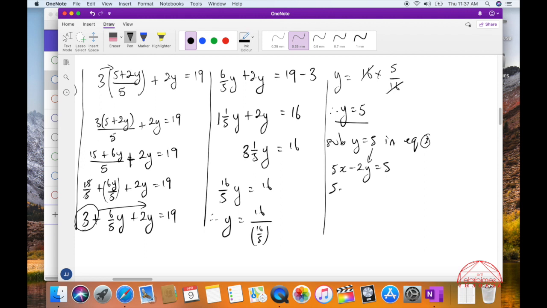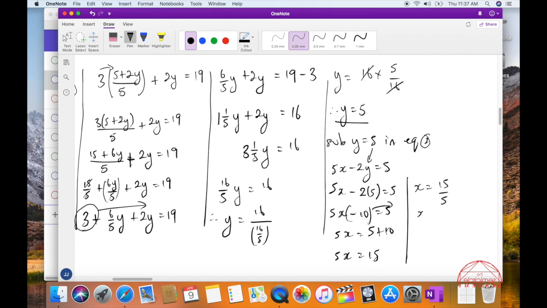So therefore 5x minus 2 into 5 is equal to 5. 5x minus 5 2s are 10 is equal to 5. 5x is equal to, let's just take this 10 and throw it across, 5 plus 10. 5x is equal to 15. Therefore, x is equal to 15 divided by 5. x is equal to 3. And so we have the solution being when x is 3, y is 5.